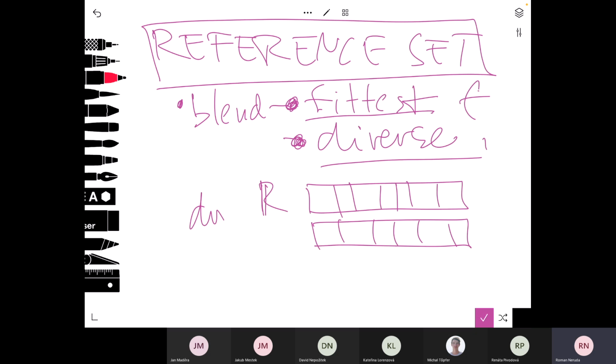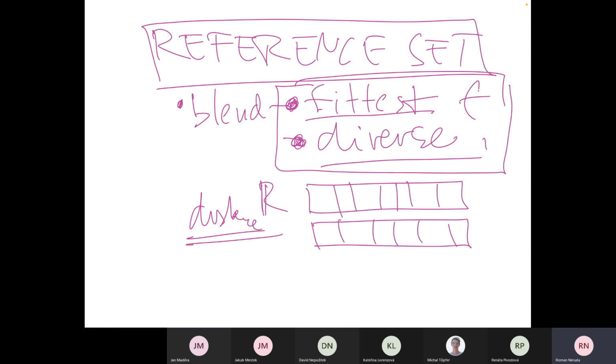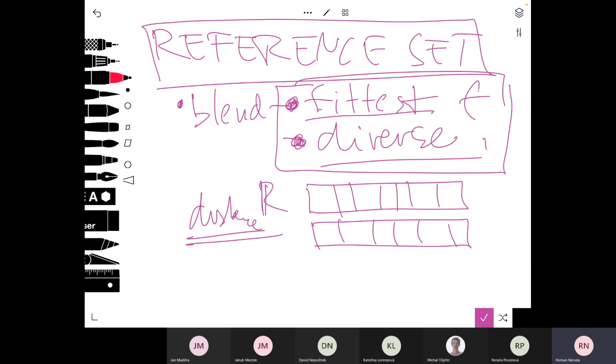So for the diversity, you compute the distance of the individuals. And when building the reference set, you're trying to somehow maintain those two criteria, to have the high fitness guys there, and to have the guys that are diverse, not similar to other members of the reference set, right?